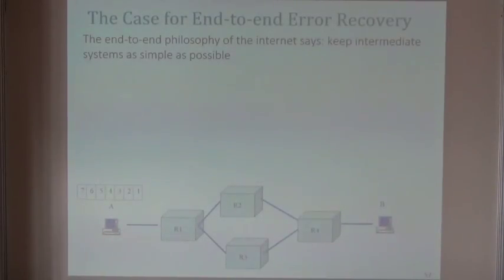The routers should be dumb things. They analyze the packet header, they look at the destination address, they go to their routing table, they decide where to send it, and they decrement the TTL. That's the only thing a router should do in principle. Therefore, they should not repair losses.